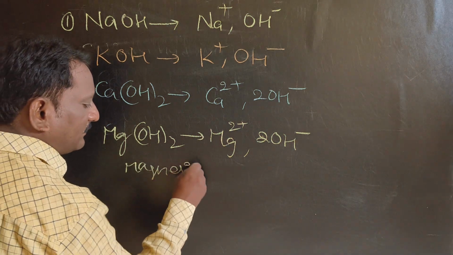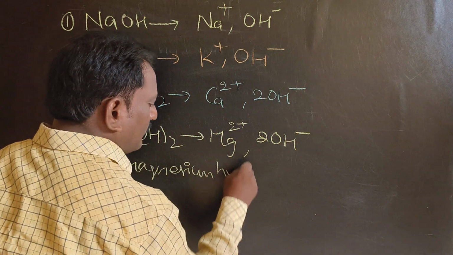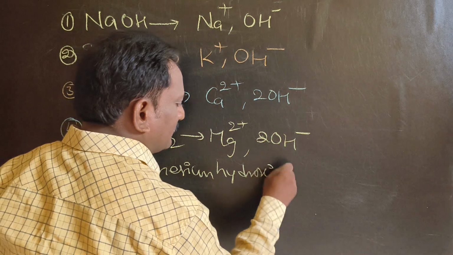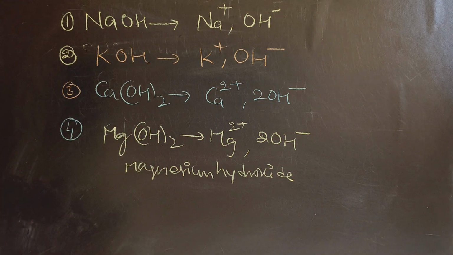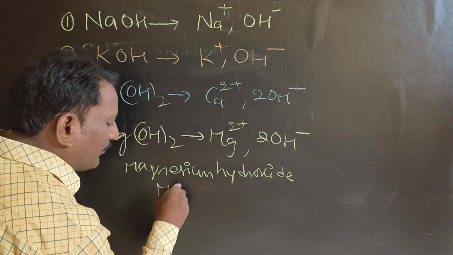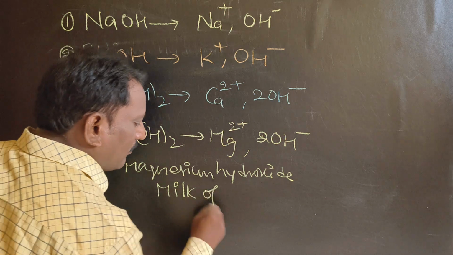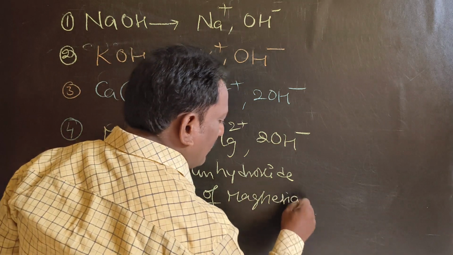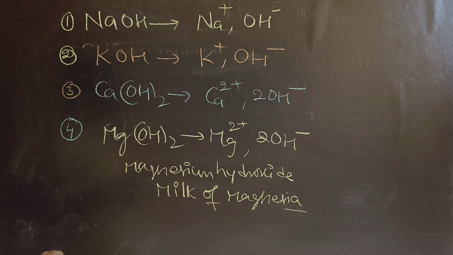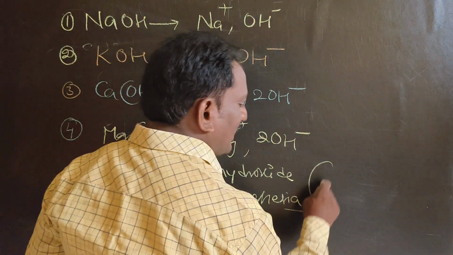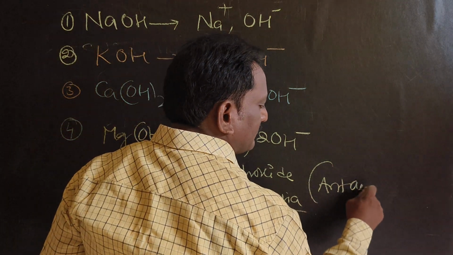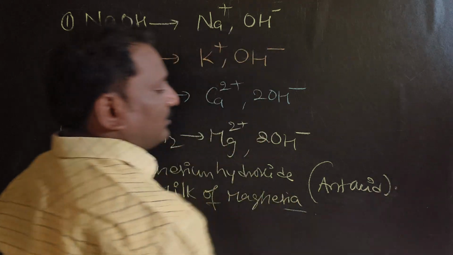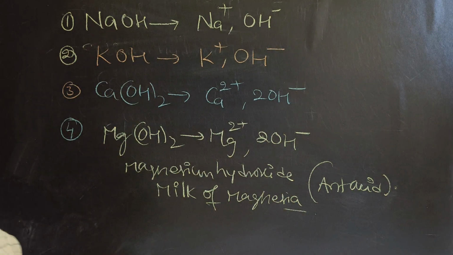Magnesium hydroxide is also called milk of magnesia. Milk of magnesia is used as an antacid.